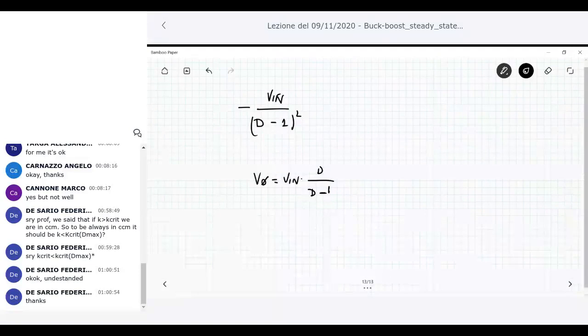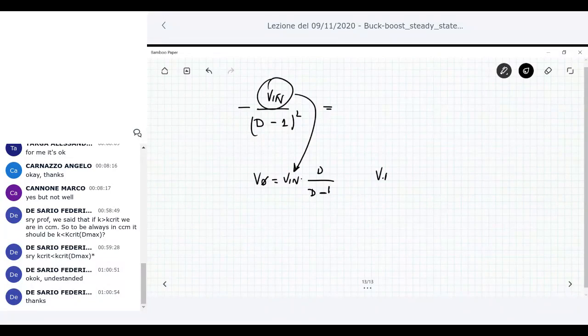So we can replace V in with this expression here. V in is V naught times D minus 1 over D, and then you can put this expression here, and you have V naught over D times D minus 1.